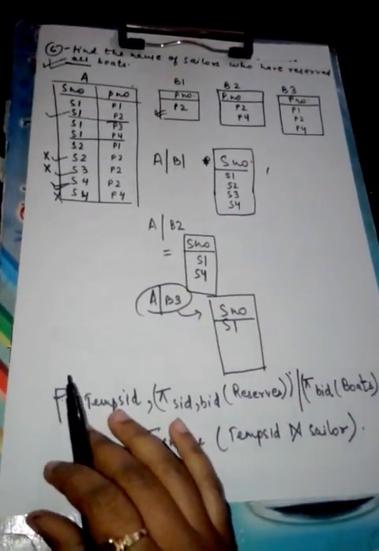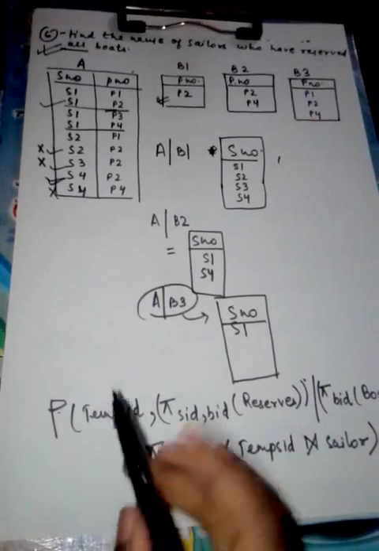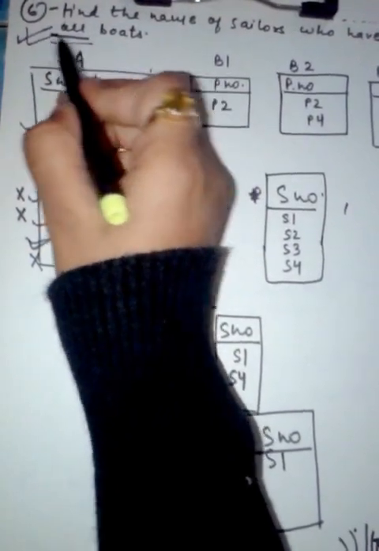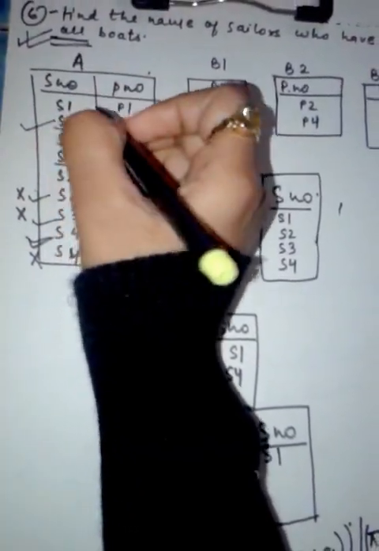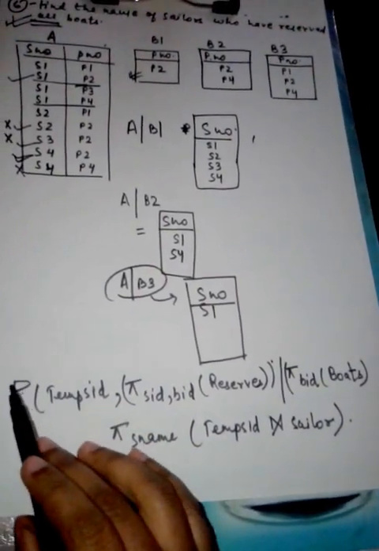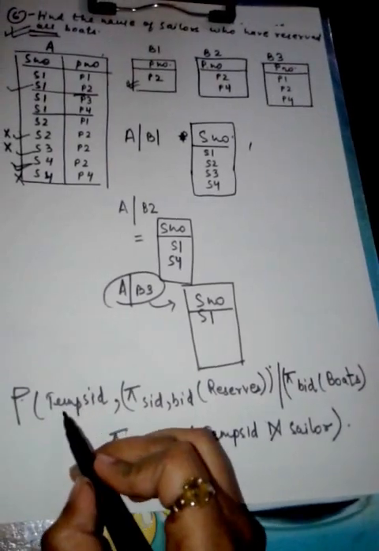Here it is asking to find the seller names who have reserved all boats, and remember, whenever there is "for all" we use the division operation. First of all we use the rename operation.